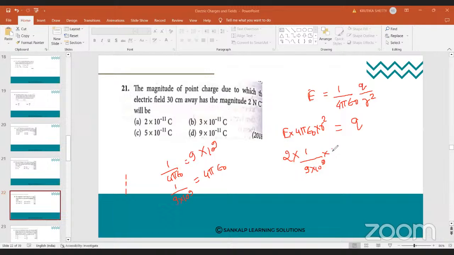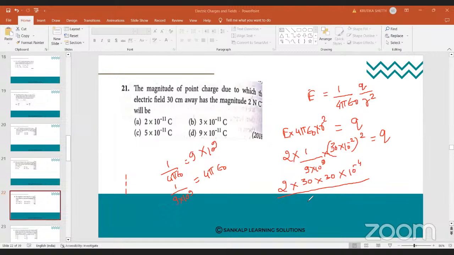R value is given as 30 centimeter. In meters that is 30 into 10 to the power minus 2, and it is whole square, which is equal to Q. So let's simplify. Here it is 2 into 30 into 30 into 10 raised to minus 4 divided by 9 into 10 raised to 9.